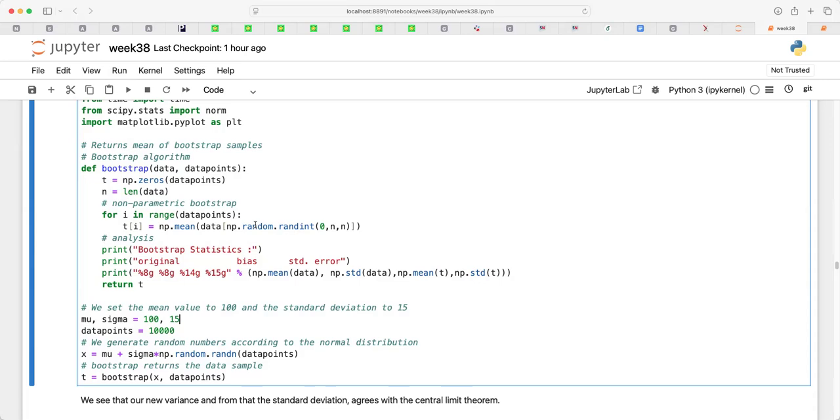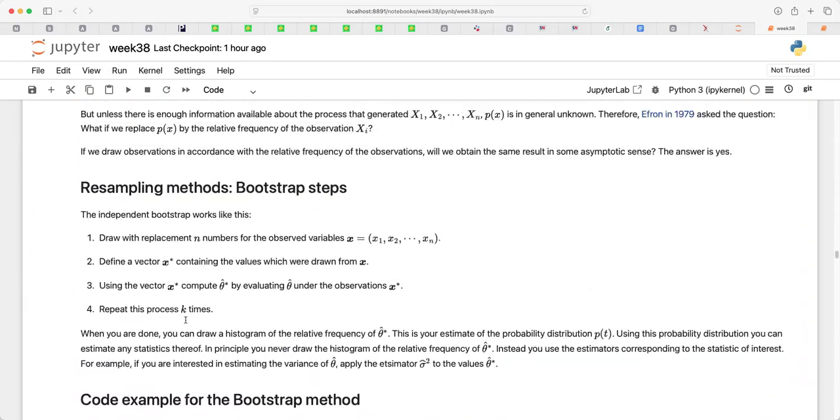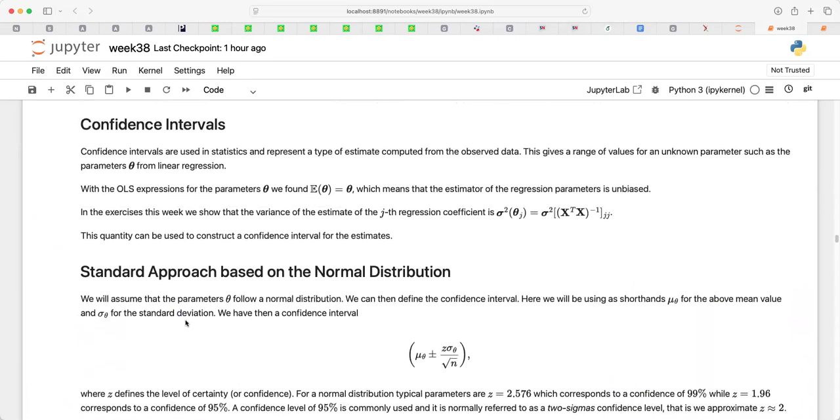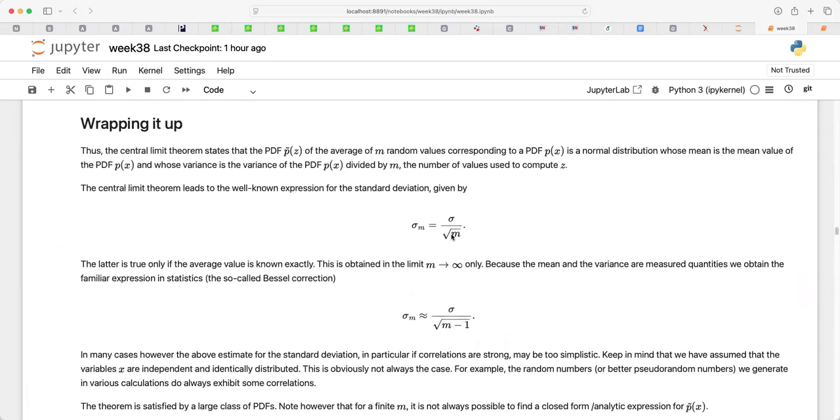And then I use that data set to calculate the mean values, expectation values, etc. So what you will see now, if I take 15 divided by the square root of 100, which means that if this is working correctly and it follows the central limit theorem, I should actually get 15 divided by square root of 100, which is 1.5.